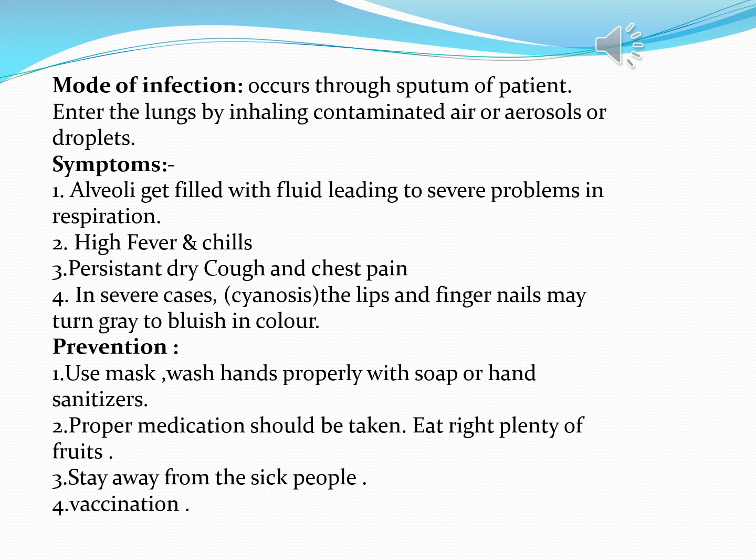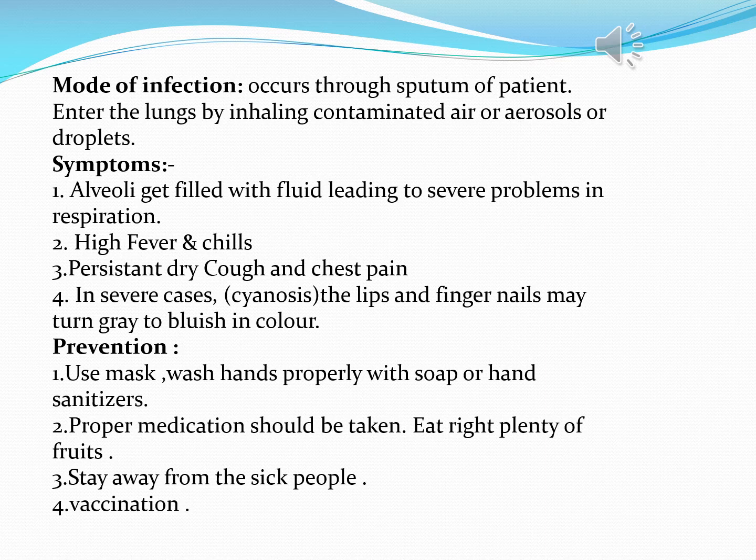It enters by inhalation of contaminated droplets. When a pneumonia patient expels infected sputum, it spreads into the environment. When you inhale that contaminated air or droplets, it enters our body.